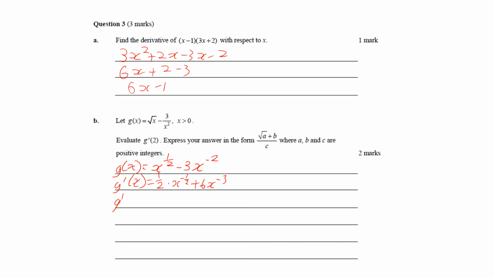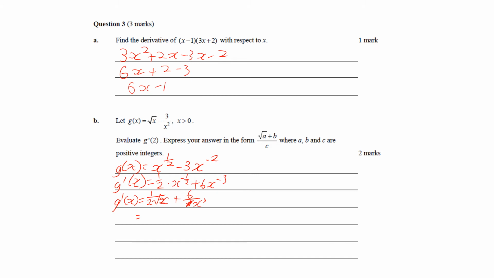Actually, I'm going to rewrite my g dashed of x to make it a little bit easier to work with before I do that. So this will be the same as 1 on 2 square root x plus 6 over x cubed.